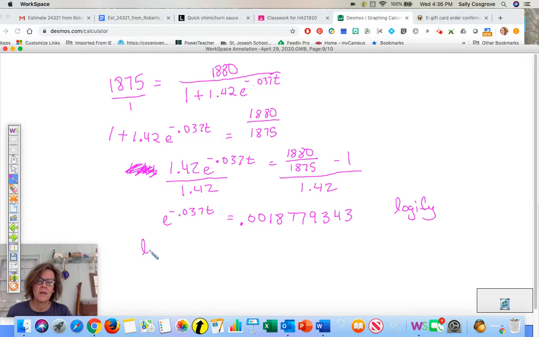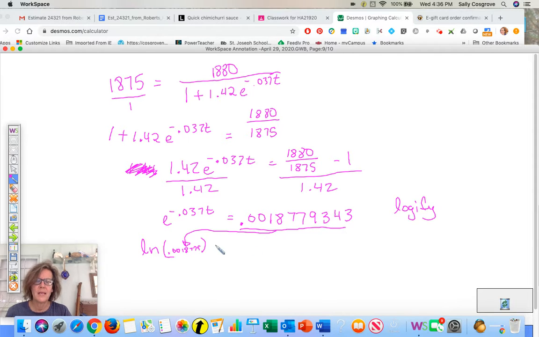So I'm going to say the natural log of, guess what? All of this, okay? So just as a shortcut, I'm just going to do this, okay? The natural log of 0.0018779, but don't round, okay?